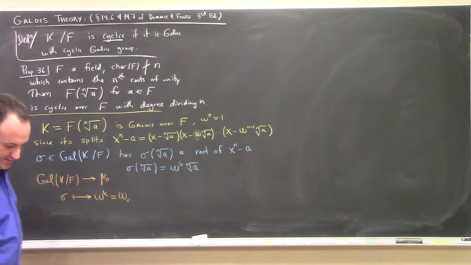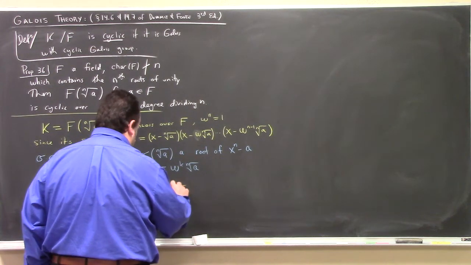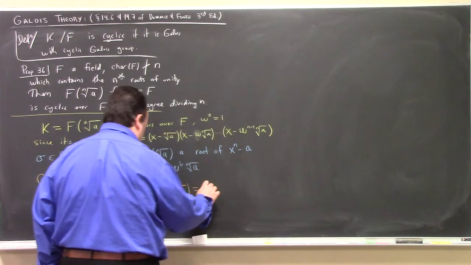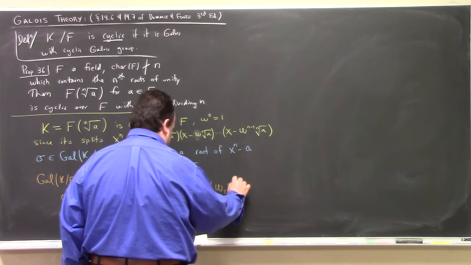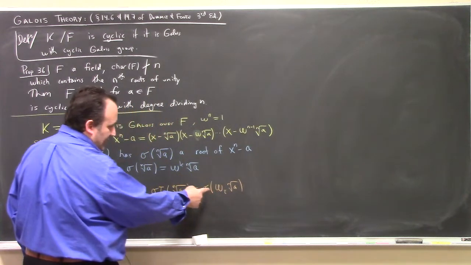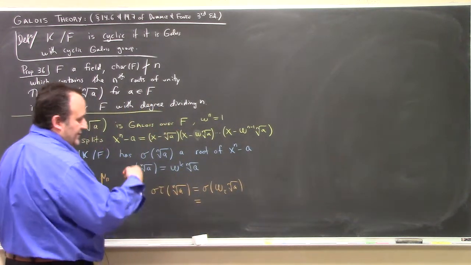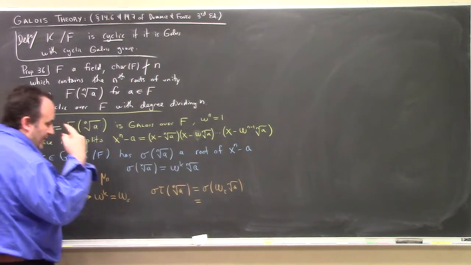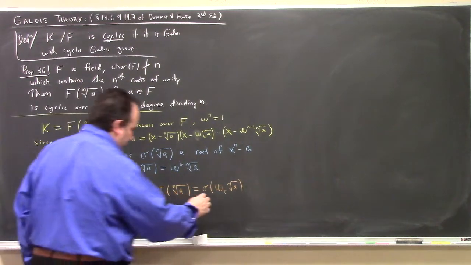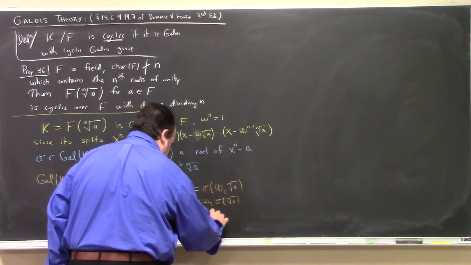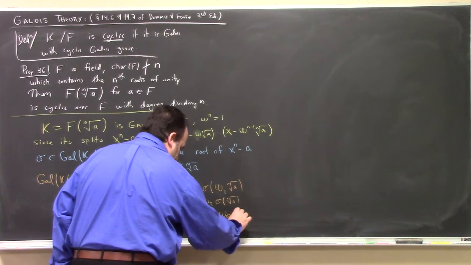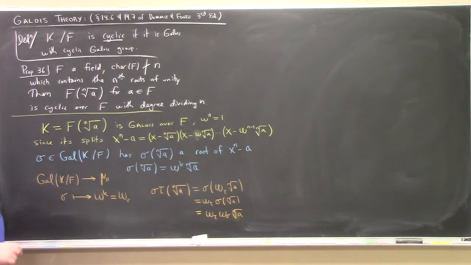So if you take sigma tau on the nth root of A, you get sigma times omega tau times the nth root of A. Omega tau is an nth root of unity, and an element of F by assumption, so we can pull it out of this F-fixing automorphism. By my notation, that's omega sigma times omega tau times the nth root of A, which is what he's written.